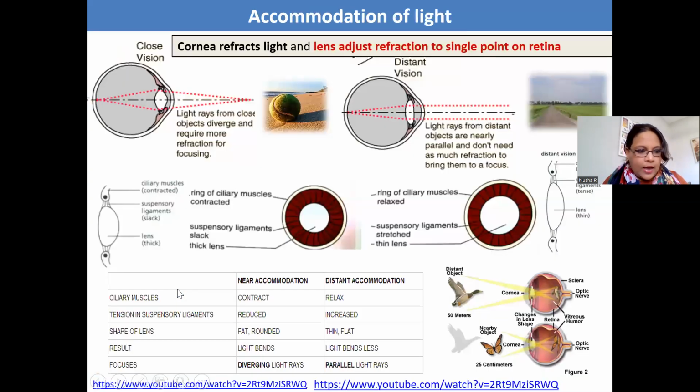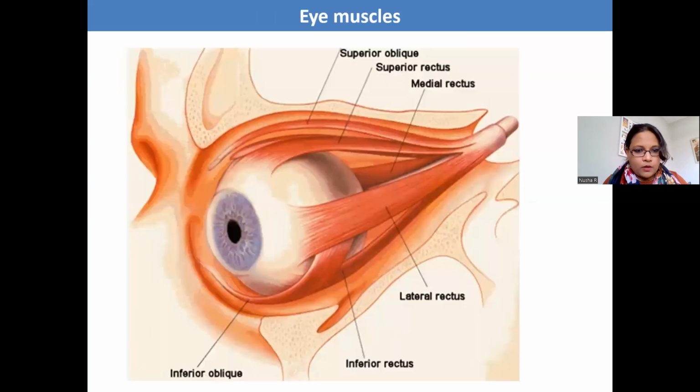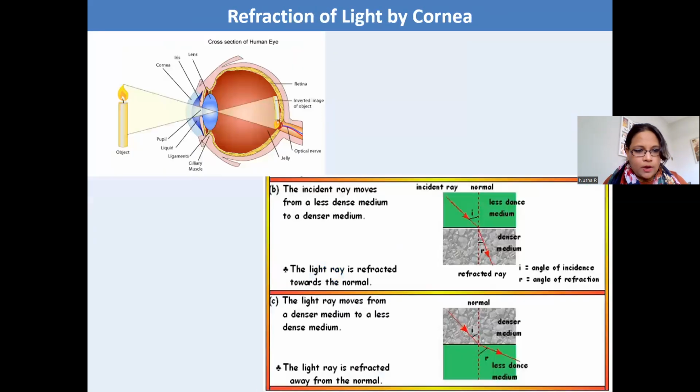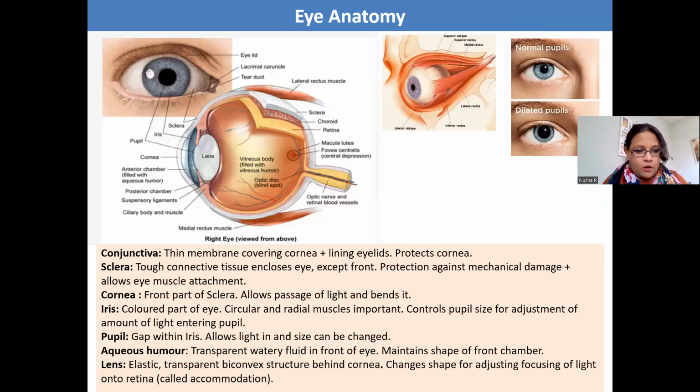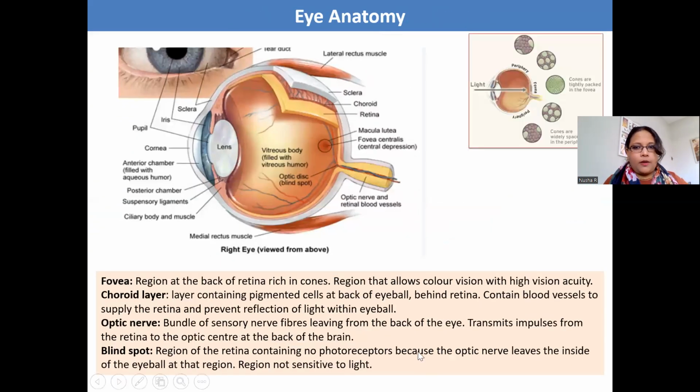Let's look at the choroid layer. Okay, bear with me. Choroid layer. So the choroid layer really is the region at the back of the retina. So this layer here is highly pigmented, so it'll appear dark in a photograph.